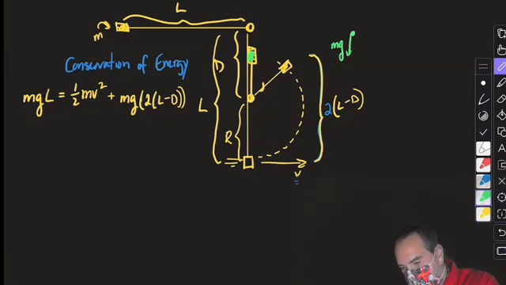Okay, how would I draw the tension? What direction would that arrow be? If the cable's here, can it pull upwards? Yeah. So tension's going to be downwards.